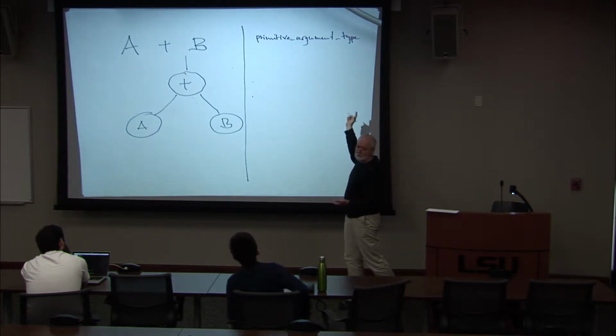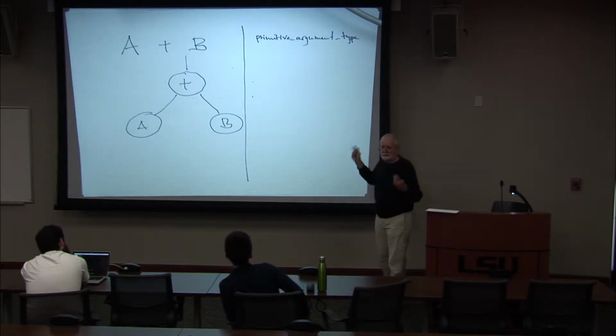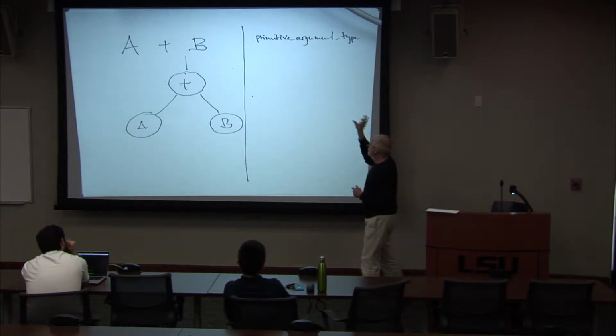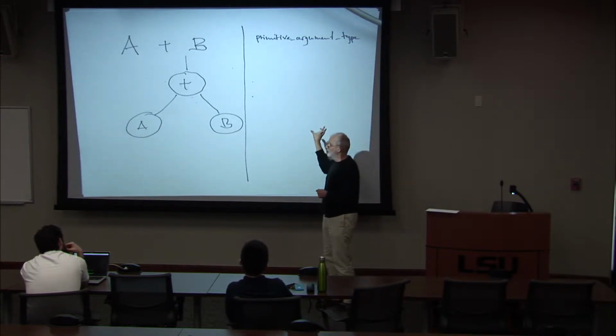So we could come up with any other name. If somebody has a better name, we always can change that. But in general, the primitive argument type data structure in Phylanx is the one representing either arguments or results of evaluation.